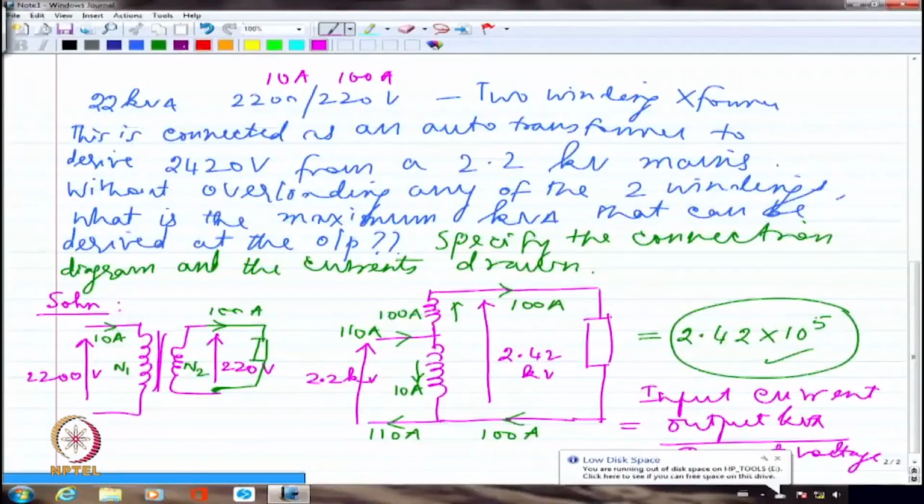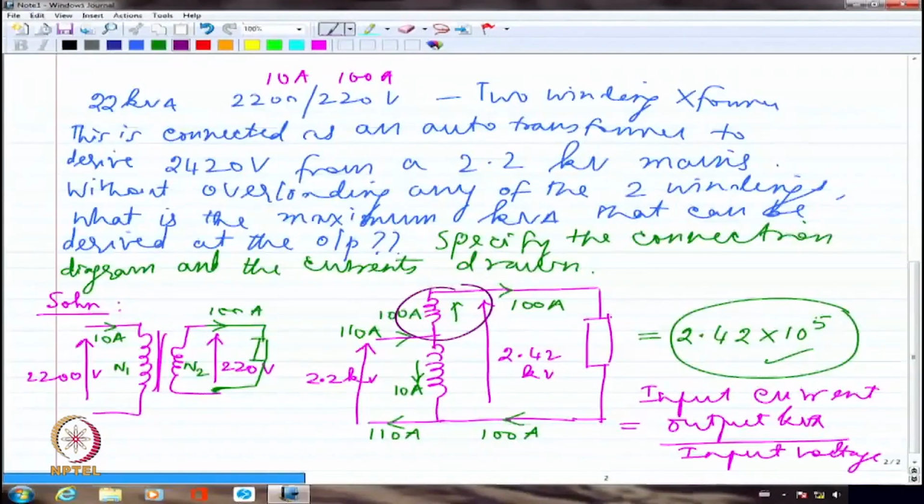The insulation will rupture in no time because you are trying to subject that to more than 2.4 kV. So you are going to see that especially the top portion of the winding will rupture right away.